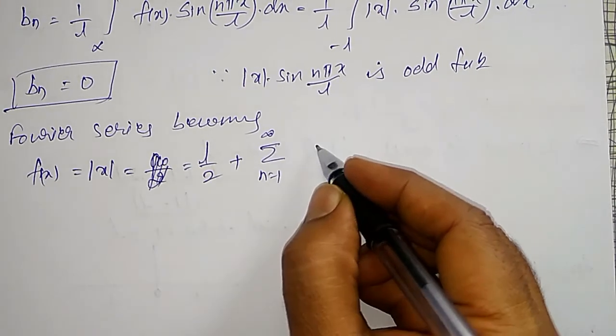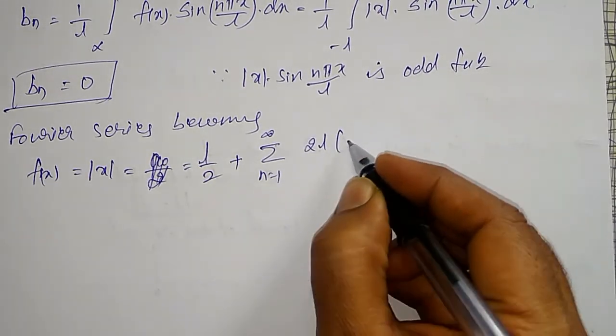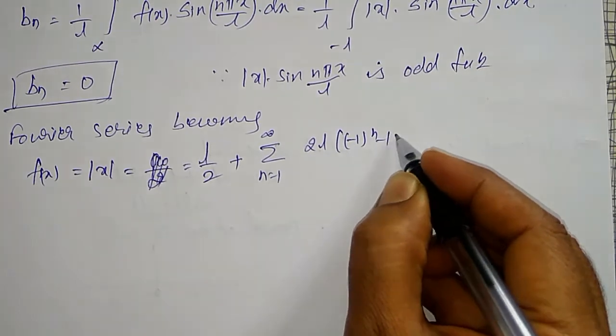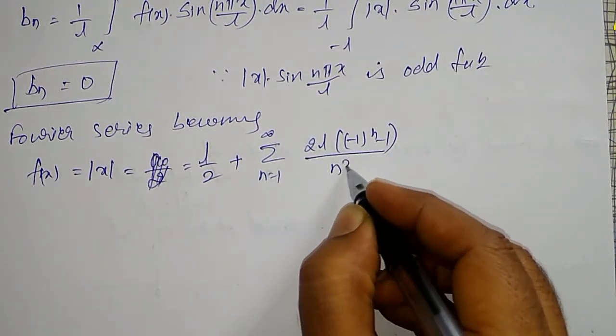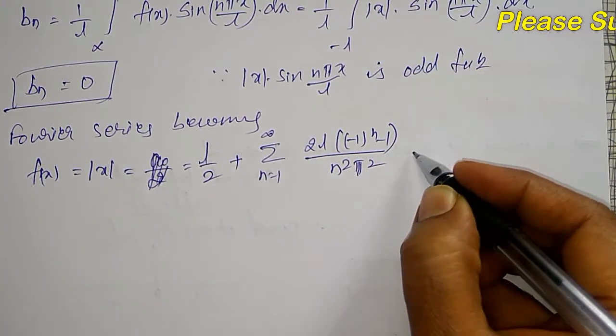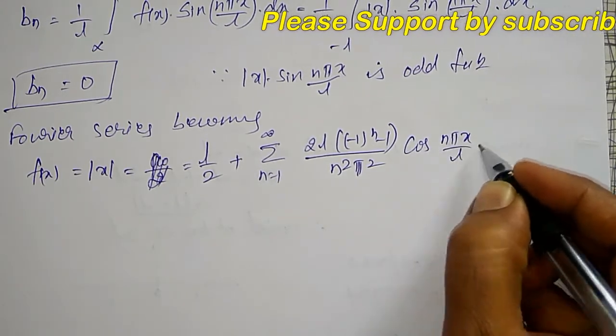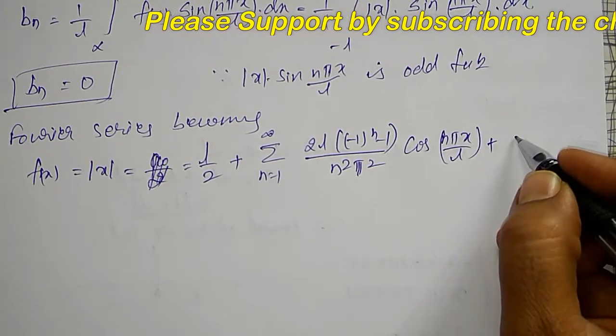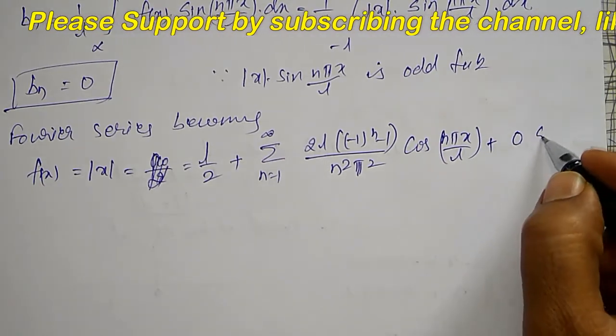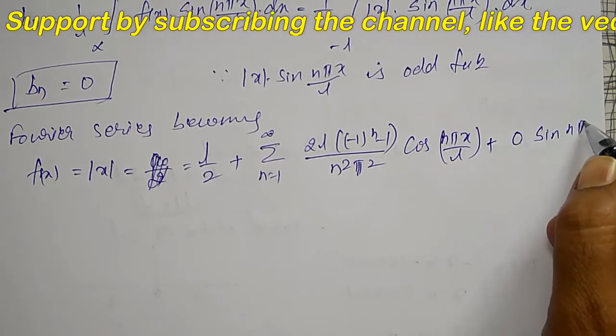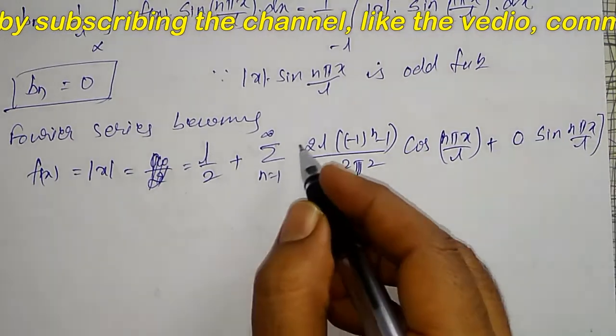My An value is 2L into minus 1 raised to n minus 1 divided by n square pi square into cos n pi x divided by L, plus Bn is 0 into sin n pi x by L. This is the required Fourier series.